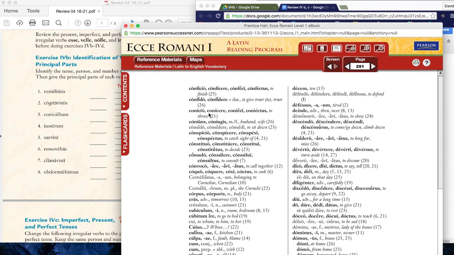Also, another good thing about the glossary is that it shows you what chapter this word appeared in first. So this is chapter 21, which is just the last chapter. So if I wanted to look through chapter 21 right now, somewhere in that chapter I should find these four principal parts.